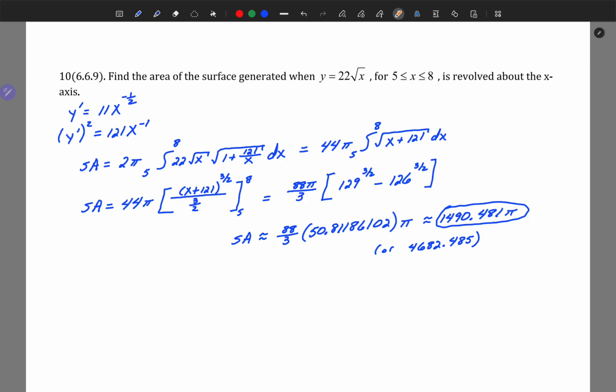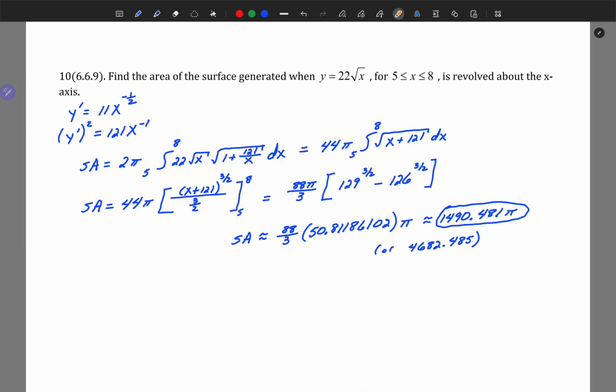Now, I'm evaluating this function multiplied by the 44 pi still from 5 to 8. When I plugged in an 8, I would just get 8 plus 121 is 129. I had 129 to the 3/2 power, which is an irrational number, so I'd rather leave it exact like that.